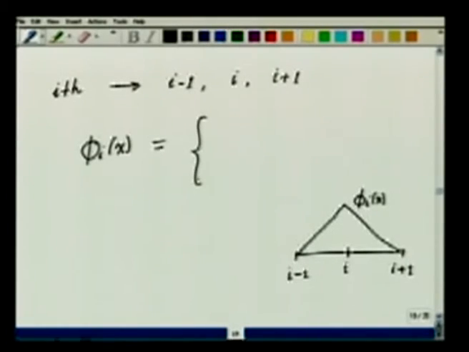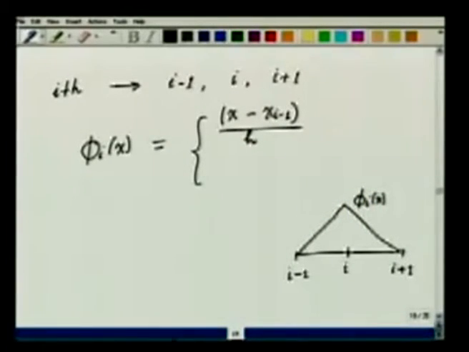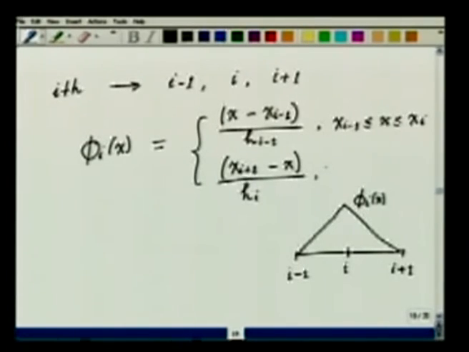So what we will get as a definition of phi of x, it will be equal to x minus xi minus 1 divided by h of element I minus 1 for xi minus 1 less than or equal to x less than or equal to xi, and it is equal to xi plus 1 minus x divided by hi for xi less than or equal to x less than or equal to xi plus 1. What do we mean by this hi minus 1 and hi?